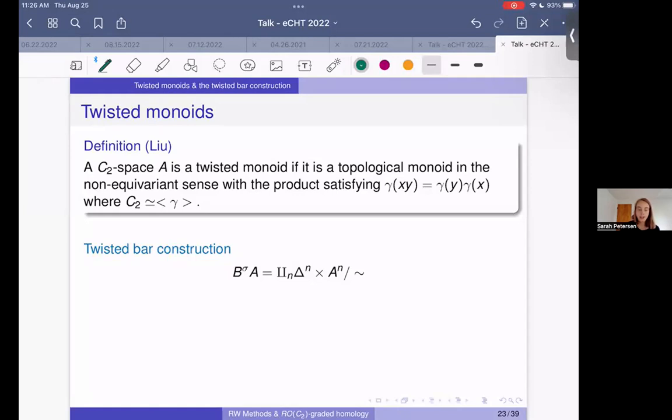So we'll say that a C2 space is a twisted monoid if it's a topological monoid in the non-equivariant sense, and also has a product satisfying that the non-trivial element of C2 acting on a product is the same as that element acting on Y times that element acting on X.